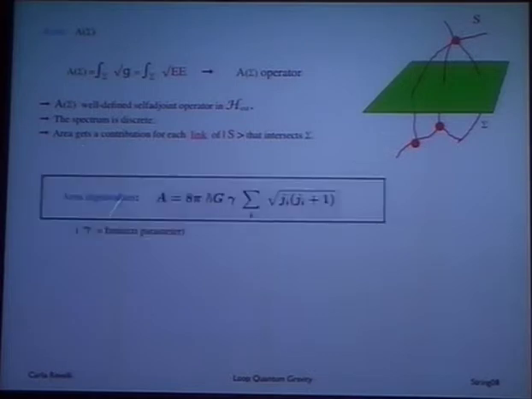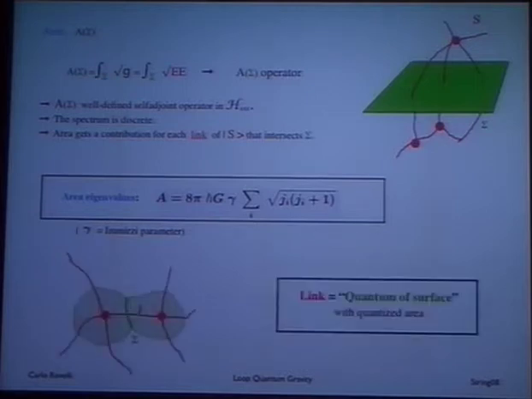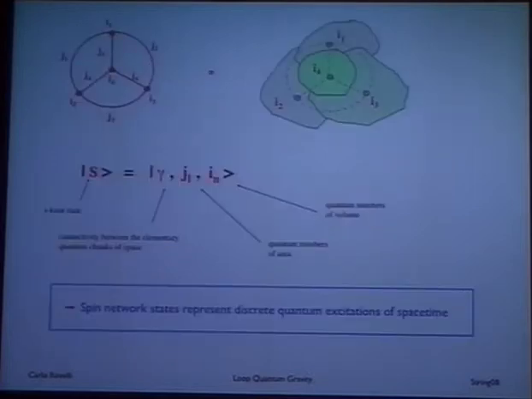Again, the spectrum can be computed. This is the spectrum. And the area now gets a contribution for each link that crosses the surface. So you can think of each link as carrying a quantum of area. So this leads to a description of quantum space-time, which I find beautiful and compelling.